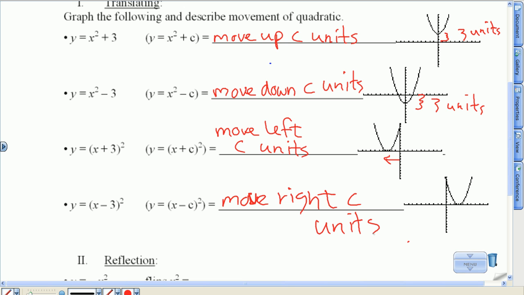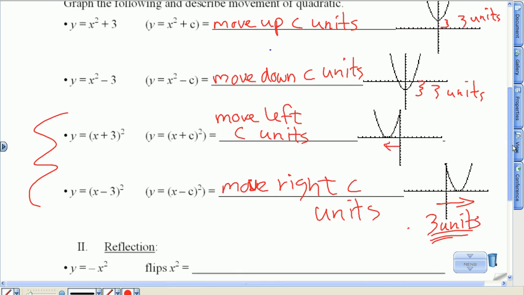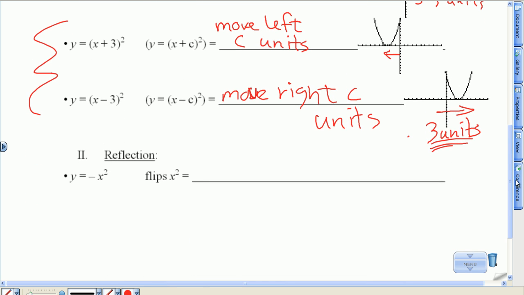This is going to take some memorization because the plus 3 moves left and the minus 3 moves right, and that's not what our gut instincts tell us. I have minus 3 inside the parentheses, and I'm going that way 3 units to the right. Alright, that will have to be memorized. There's no guessing on that. Although, of course, with a little calculator play, sometimes you can answer these for you.